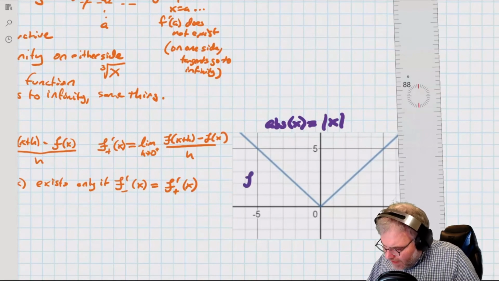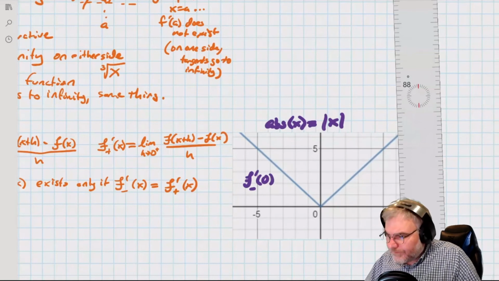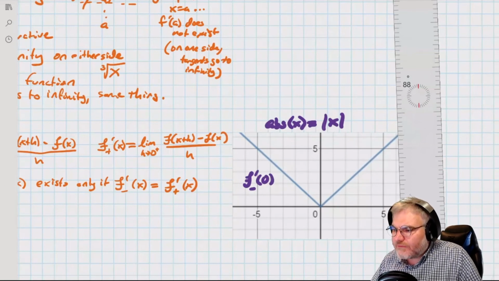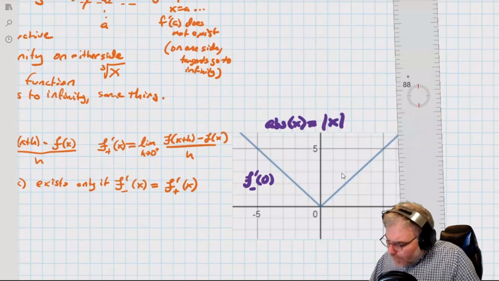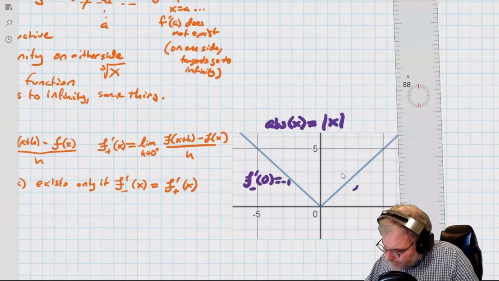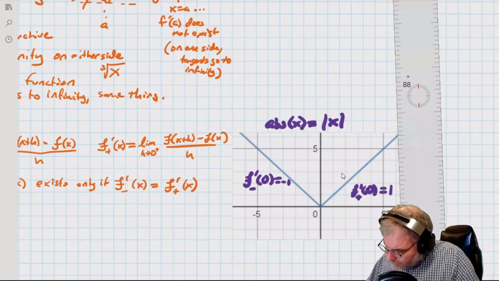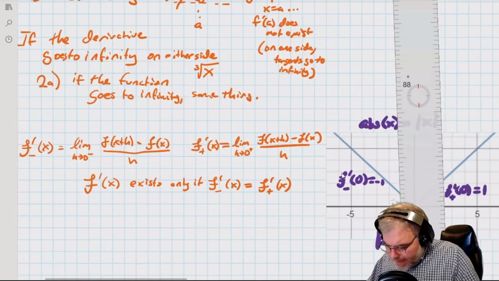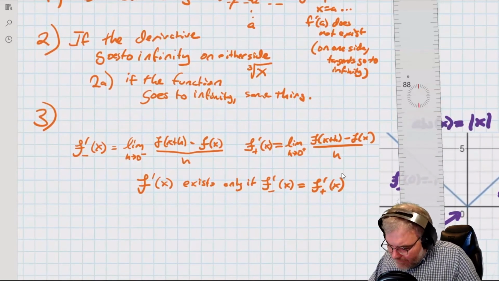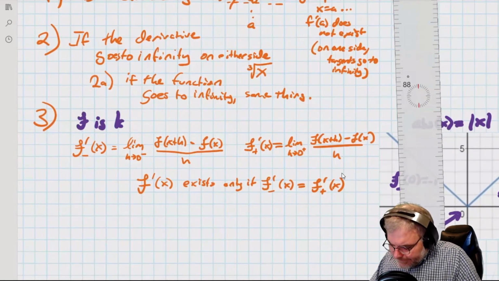So f prime of 0 from the left, the slopes from the left here are negative. In fact, they're -1. Okay? But here they're +1. In other words, it's kinky. There's a kink there. So the big thing is that f is kinky.